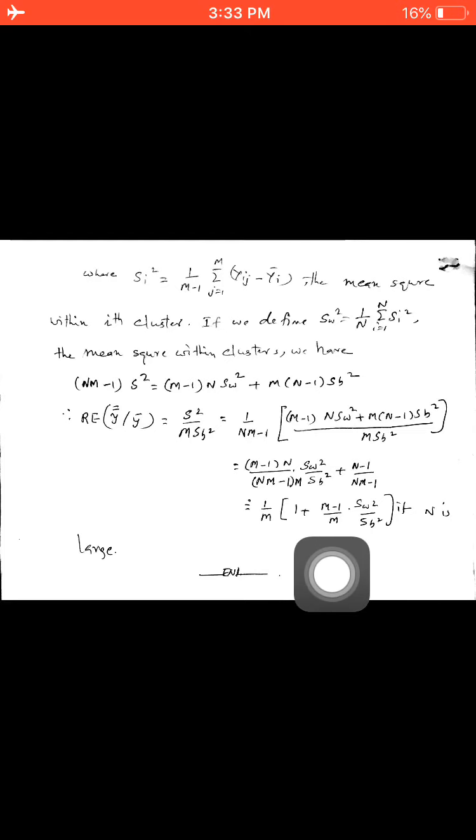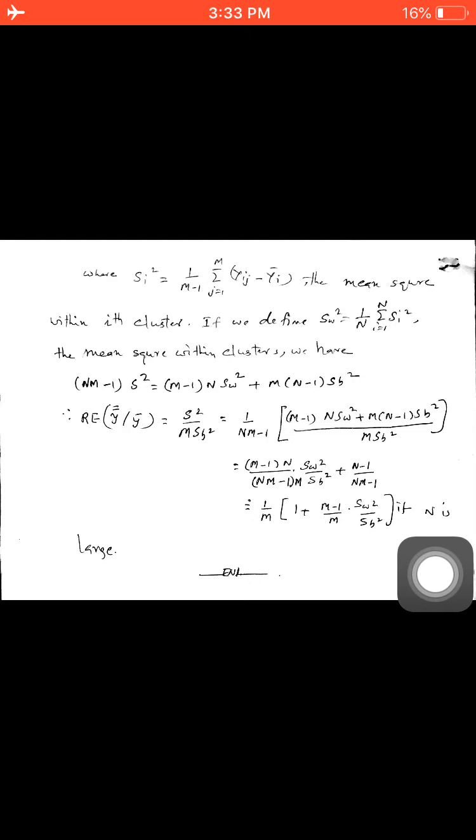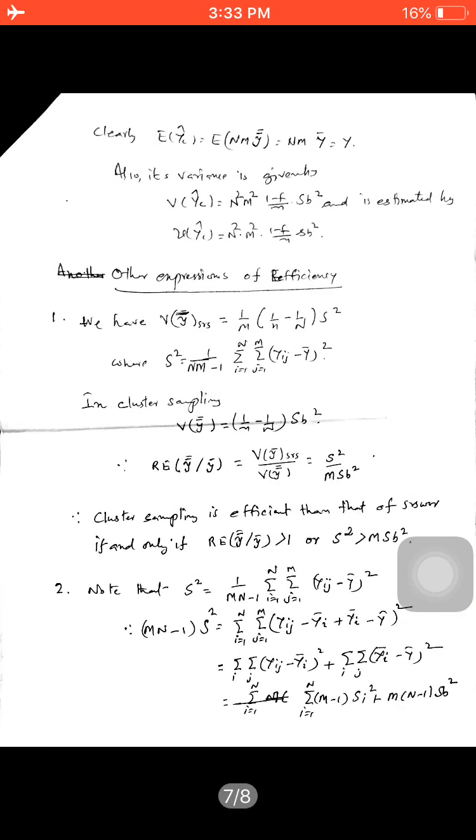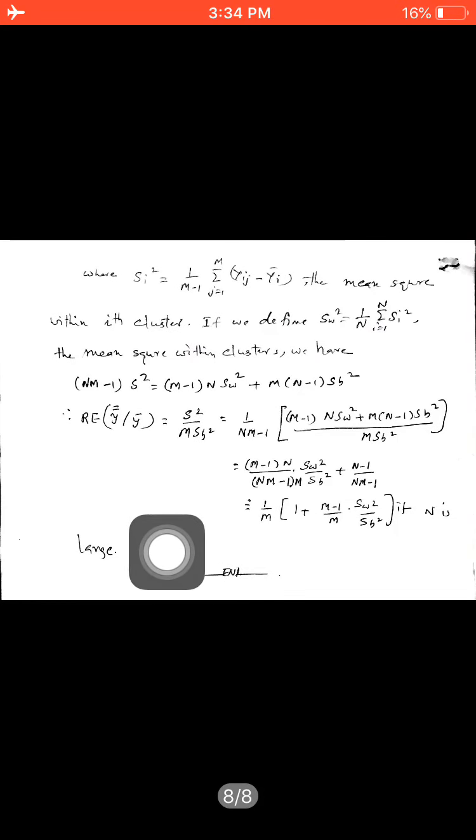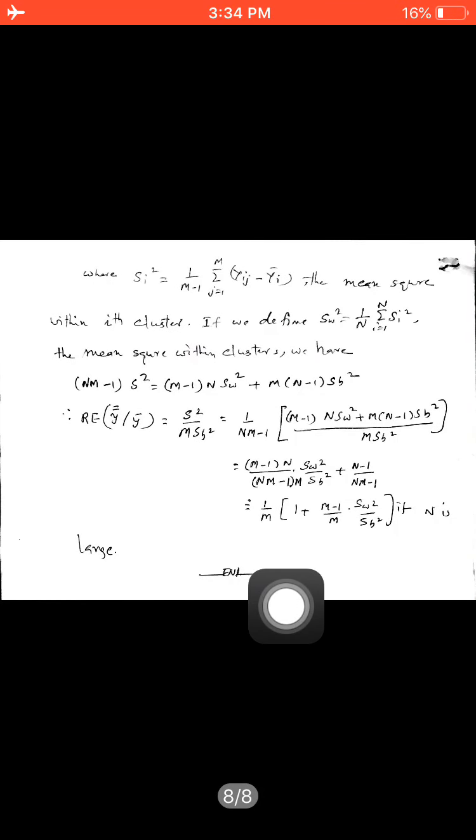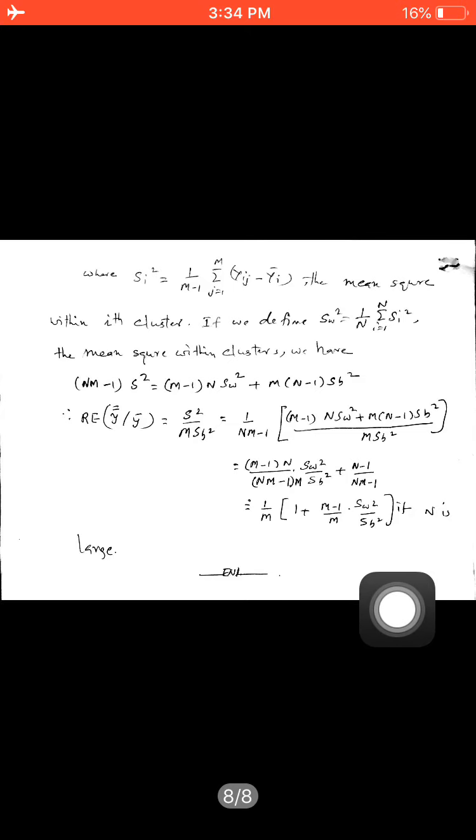So we have discussed so far three expressions of relative efficiency: one in terms of the intra-class correlation coefficient, a second in terms of the overall mean square and the mean square between clusters, and the third one in terms of between-cluster means and within-cluster means.